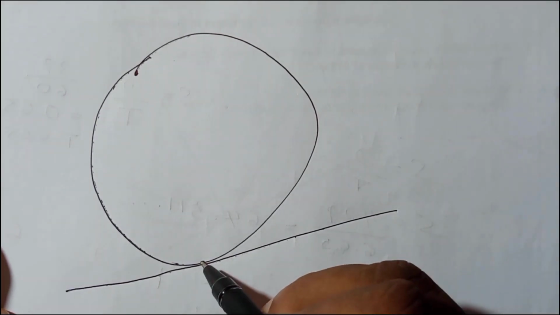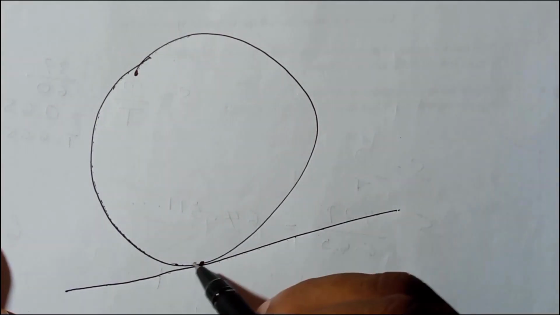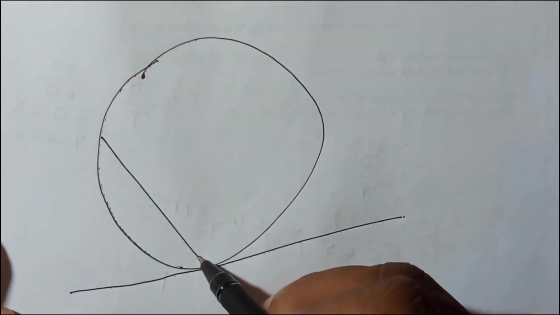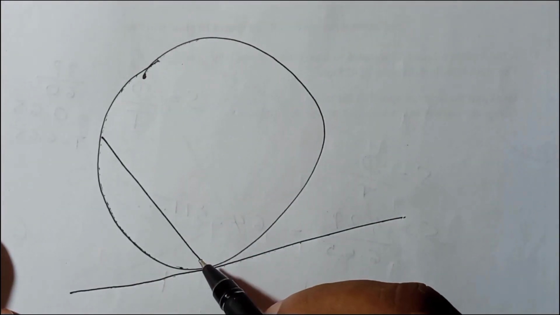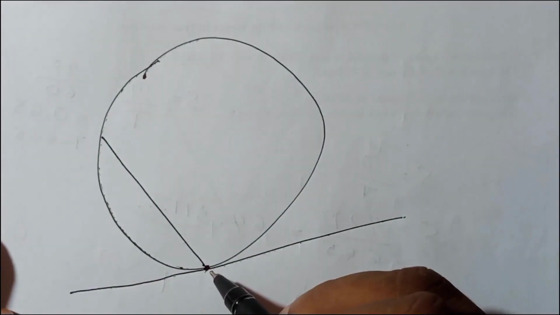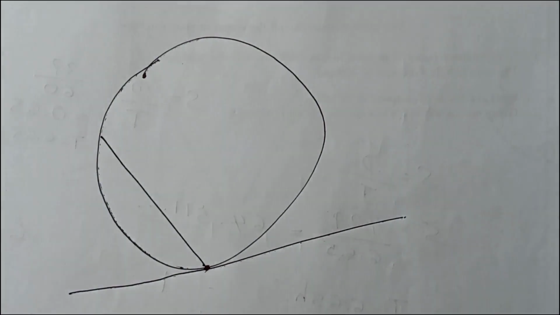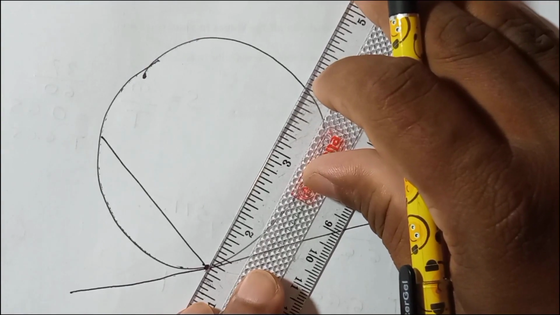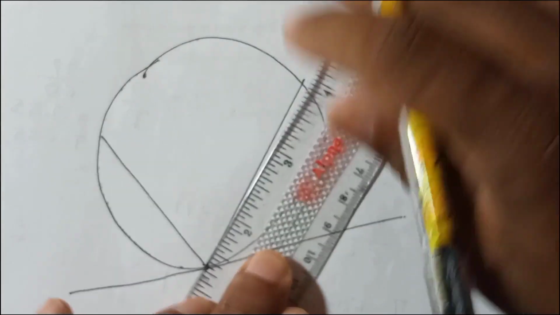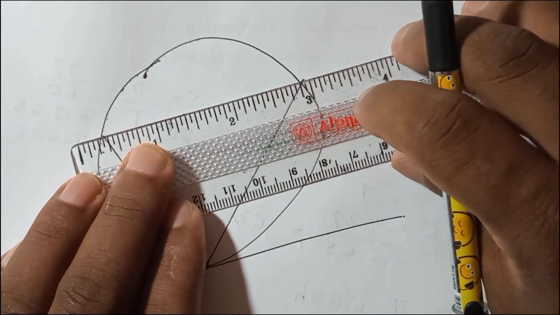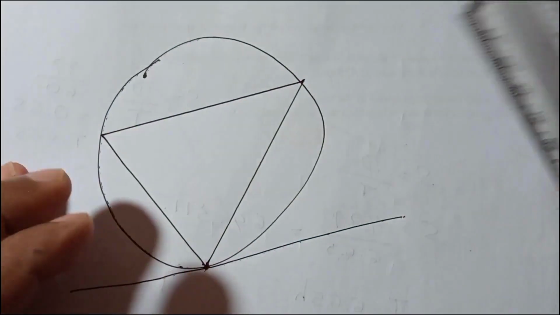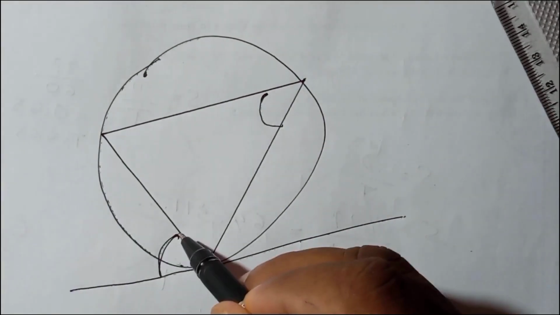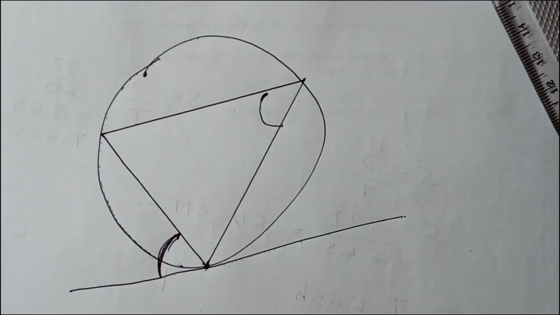At the tangent point, where the tangent touches the circle, if you make a chord, this chord subtends an angle at the circumference. This angle equals this angle, which we normally call the alternate segment theorem.